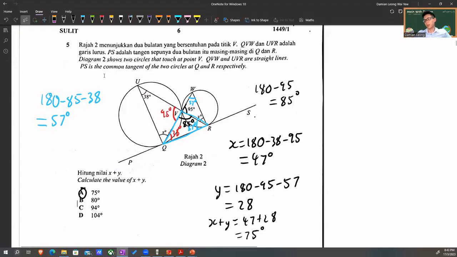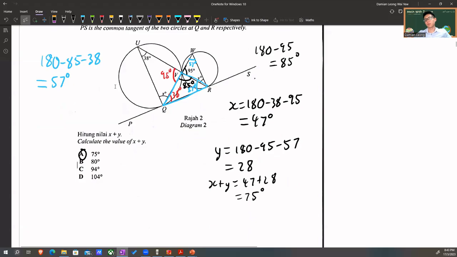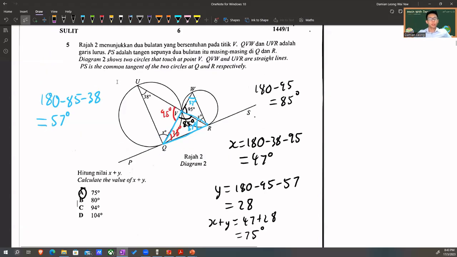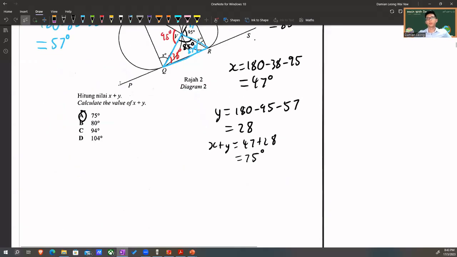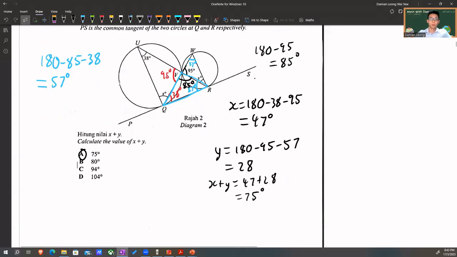If you see an isosceles triangle, then the angles on both sides are equal. If you have center and circumference, then the angle at the center is double the angle at the circumference. So it's kind of predictable once you see the diagram what relation you want to use.